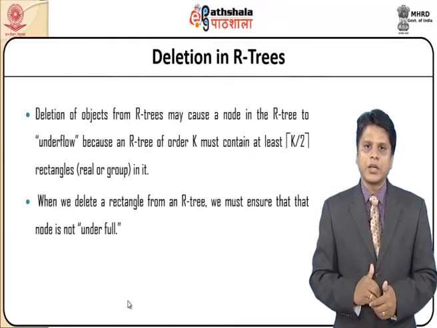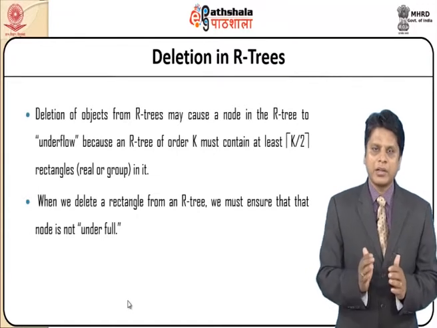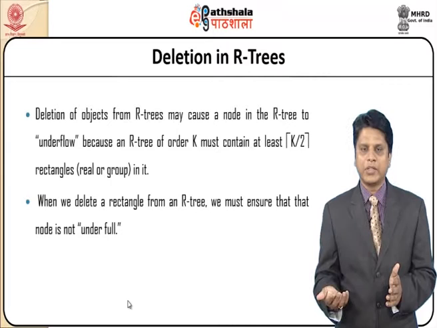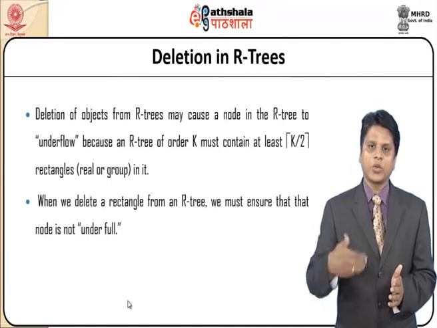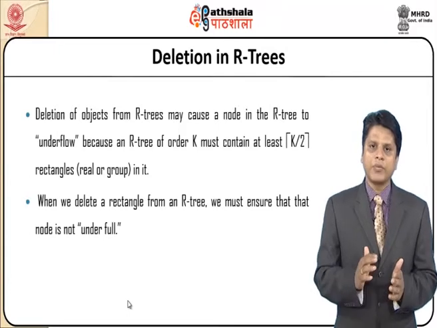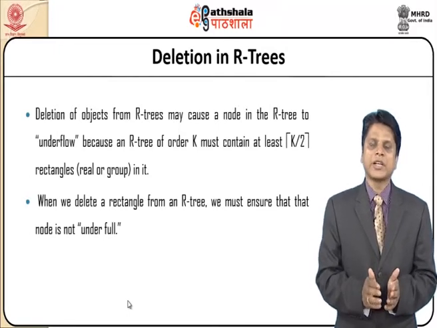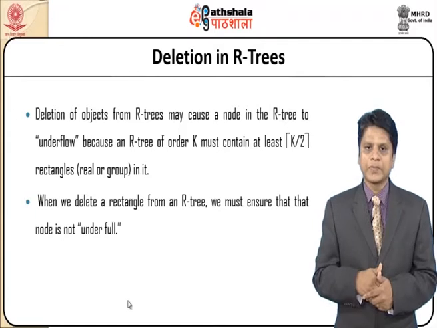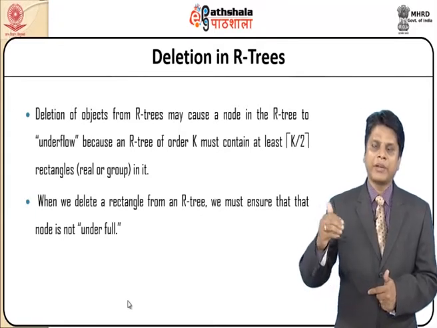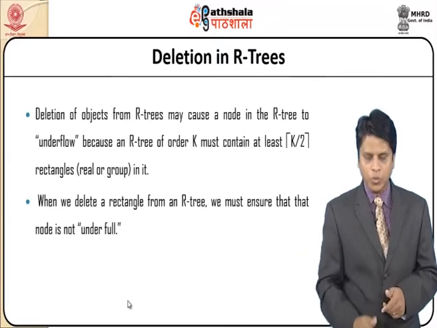Instead, it should not be less than 2. Say we have defined the order of the root node as 4, it should not be underfull, where we have only one rectangle associated with the group. It is underfull when we compare it with the order of the actual root node.